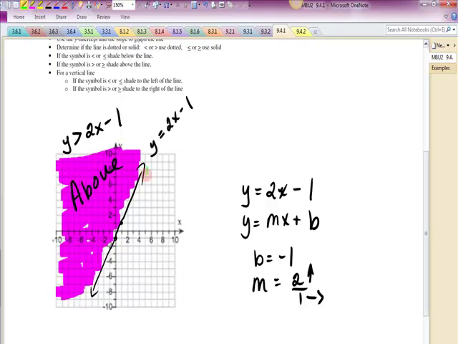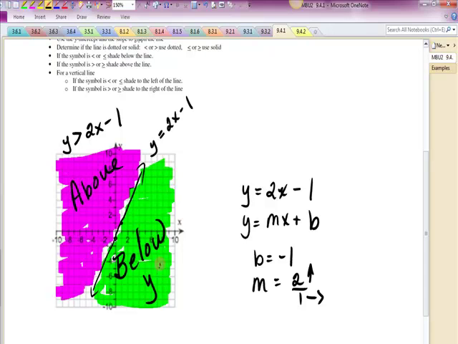If instead I talk about all of these points that are below the line, then y is less than 2x minus 1. So the line which is drawn, which is the graph of an equation, is the boundary line. Those points above it is where y is greater than that. The points below it, that's where y is less than the line. So remember, above, that way, below, that way.